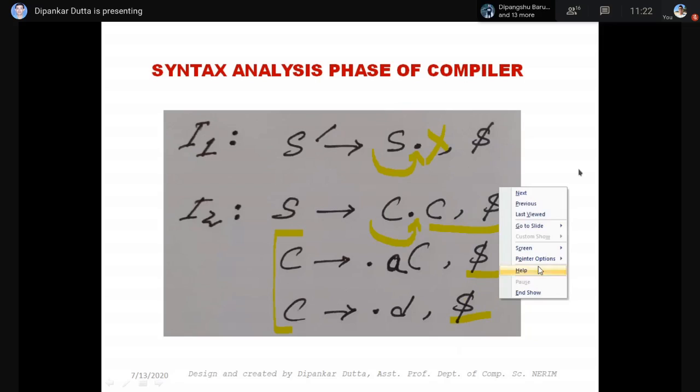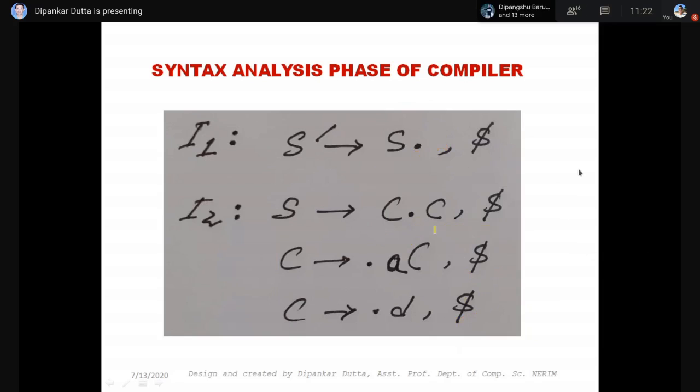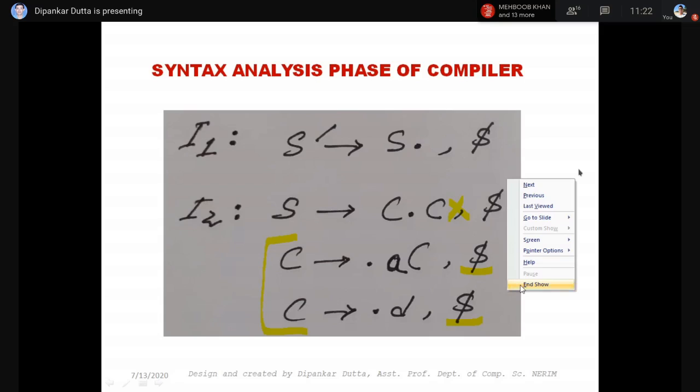Now, for this particular production, what is the beta? Beta is nothing. So first of beta dollar will be dollar itself. That is why the closure set C implies dot AC, C implies dot D, we will get dollar as a look ahead symbols. Okay.